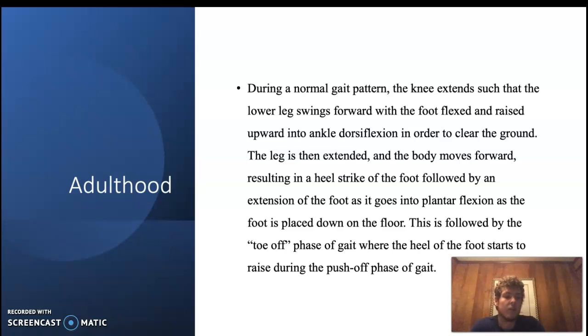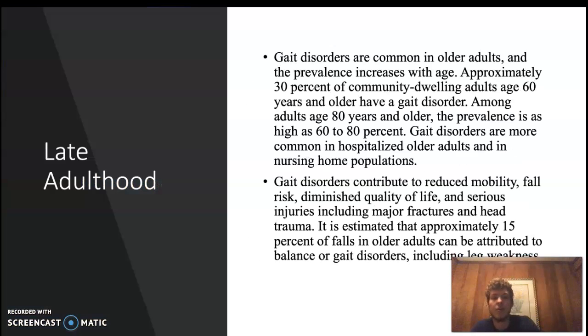But then you get into the age, some people are sooner than others, of 70 or so, where you get into the late adulthood, where disorders become common and not even necessarily, even normal walking changes. So they're common in older adults, the disorders are.